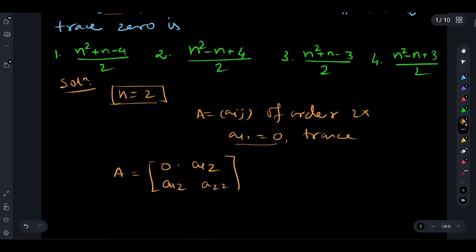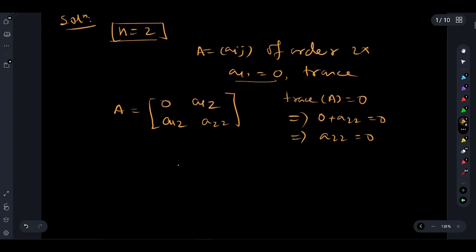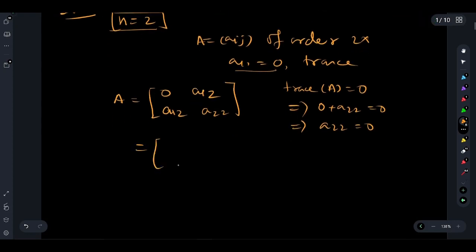Now we know that the trace of this matrix is equal to 0, since trace A is equal to 0, that implies 0 plus A22 equals 0, that implies A22 equals 0. So this matrix can be written as 0 A12 A12 0.